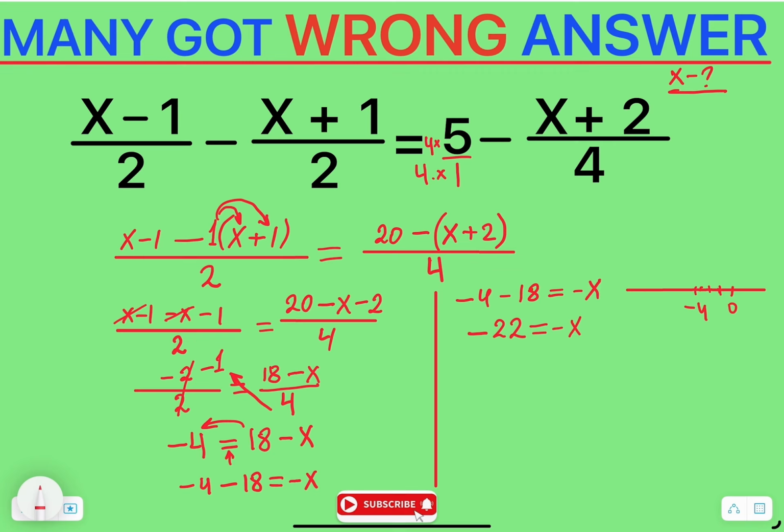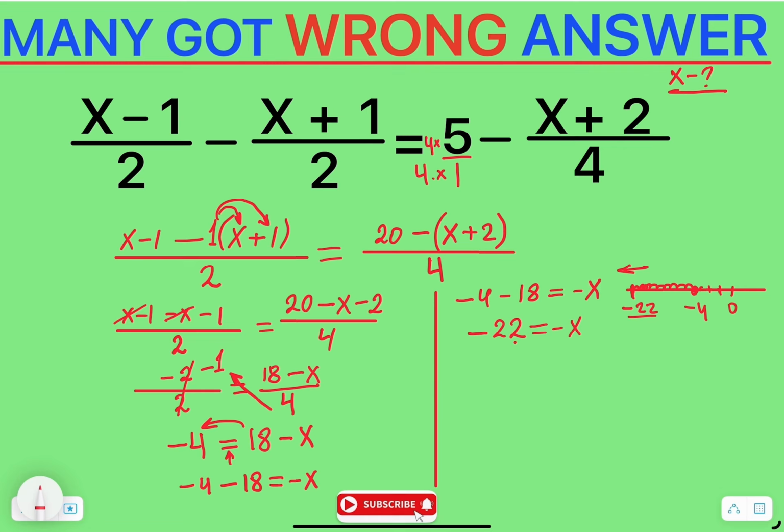Subtracted 18. Negative 4 minus 18. If we subtract, we go left side. From negative 4, if I go left side 18 more, I will land on negative 22. That's why when we have both negative numbers, we subtract, the answer is always negative, but we add the numbers.